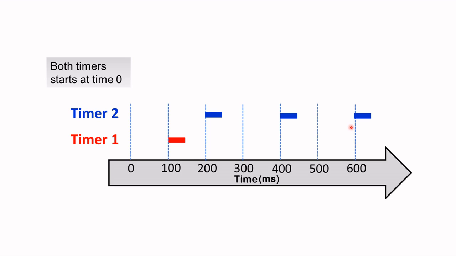And then after another 200 milliseconds, the same task is executed again. So these are known as periodic tasks. Now, timer 1 is executing a task once at time 100 milliseconds. So this is known as a one-shot task.